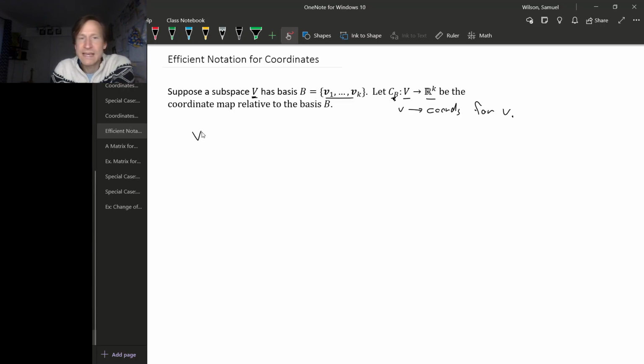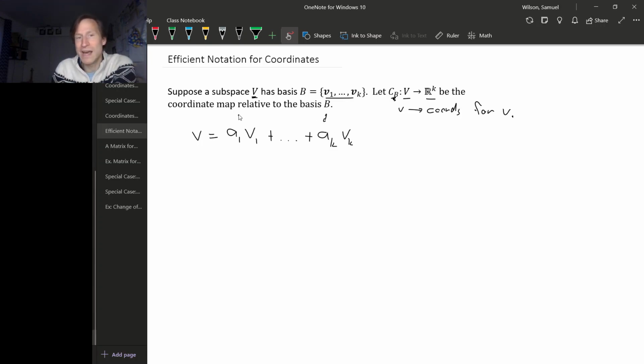Well, since v1 through vk are a basis for capital V, we can write little v as some linear combination of v1 through vk. And in fact, since v1 through vk form a basis, the coefficients here are unique, right?